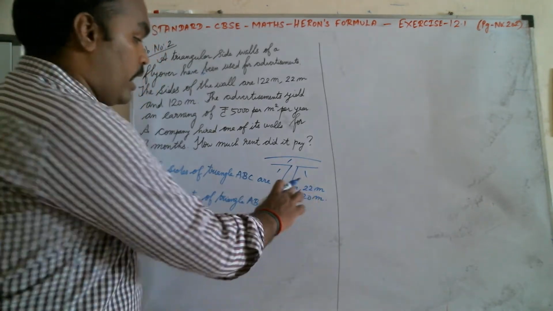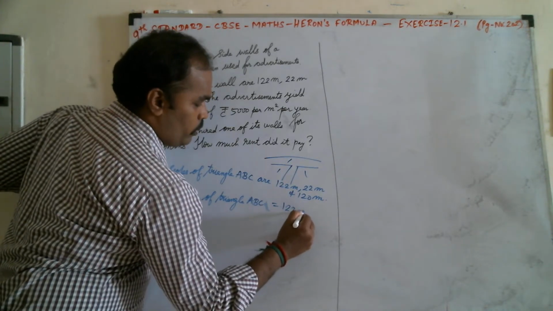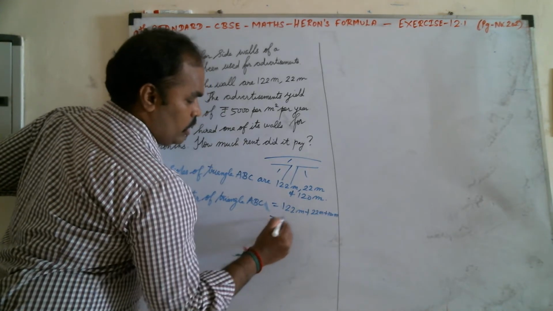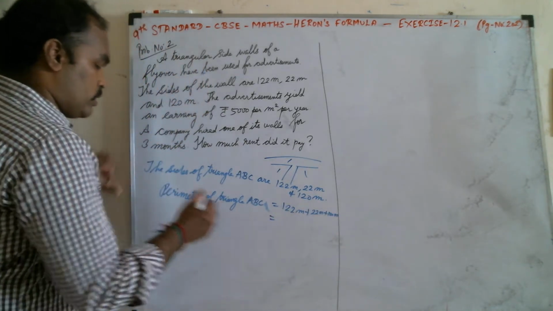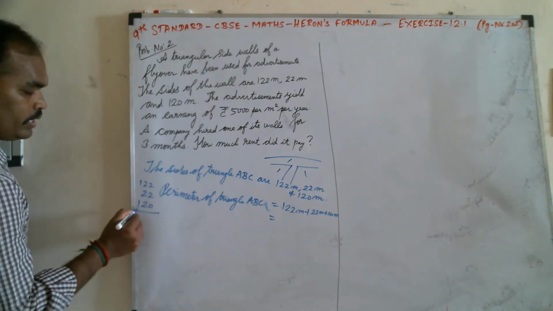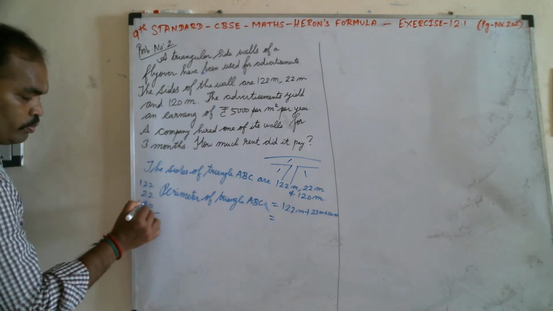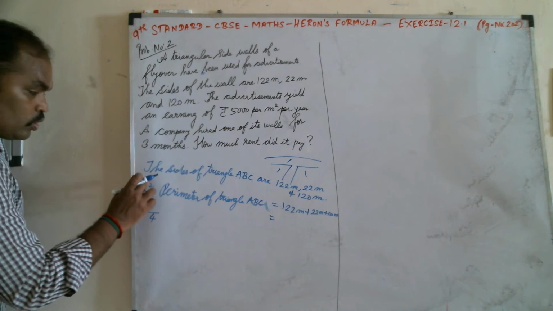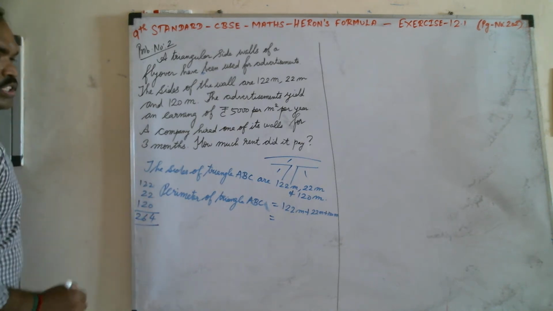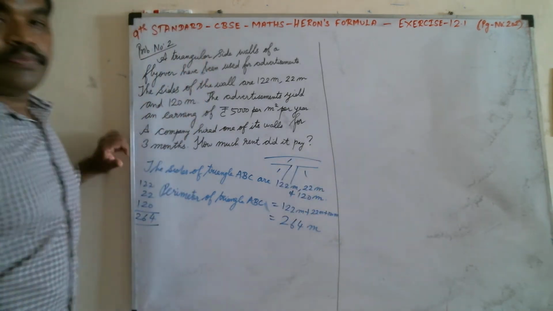So the perimeter of a triangle means we need to add all those sides: 122 meter, 22 meter, 120 meter. When you add the entire thing, how much will it come? 2 plus 2, 4. 4 plus 2, 6. So 264 meter.